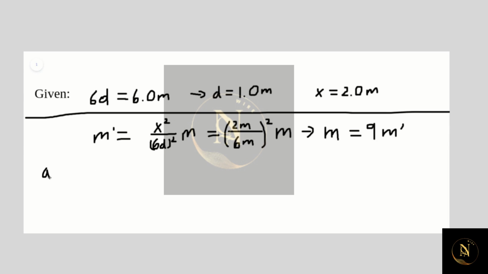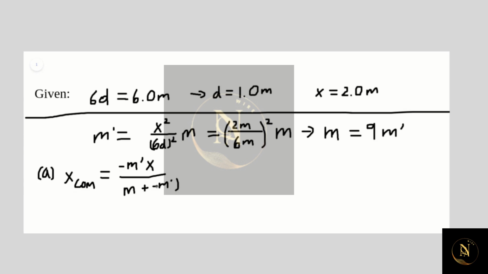Okay, so we can use that to find the x-coordinate center of mass, call that x-COM for center of mass, is equal to negative M prime, because remember we're removing that piece, times the x-coordinate divided by M plus negative M prime.